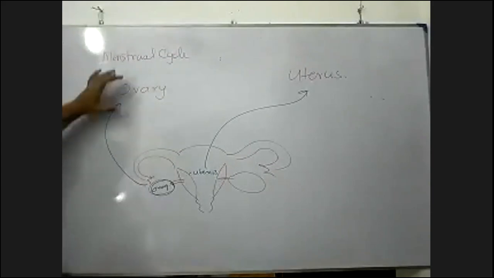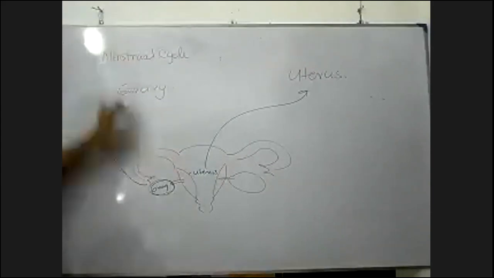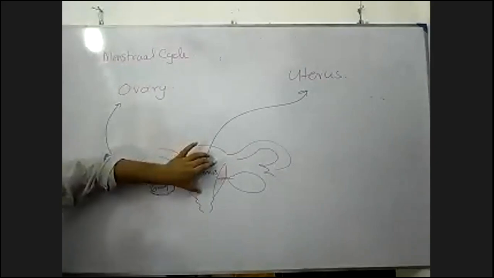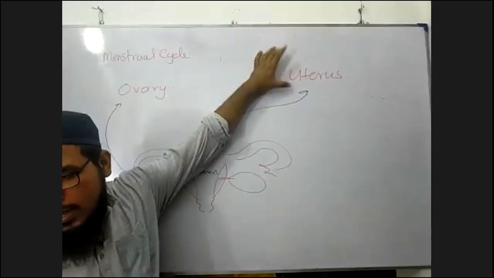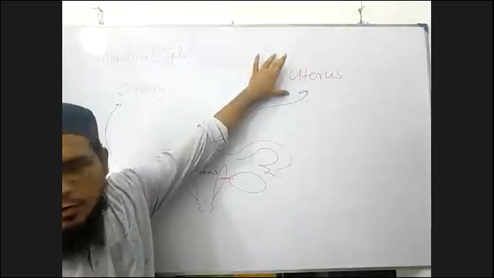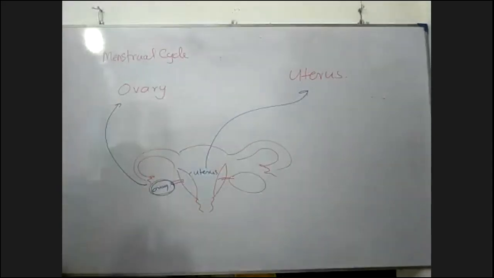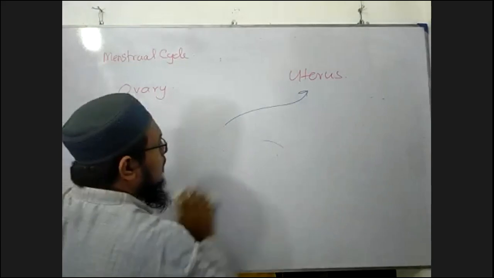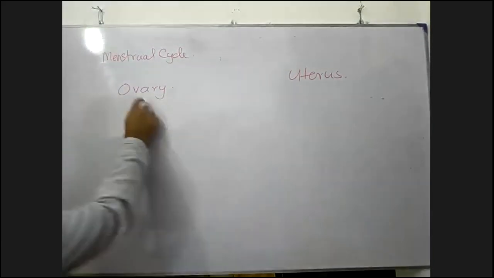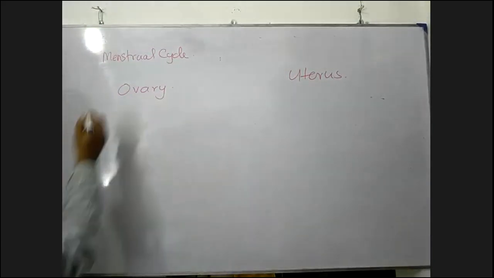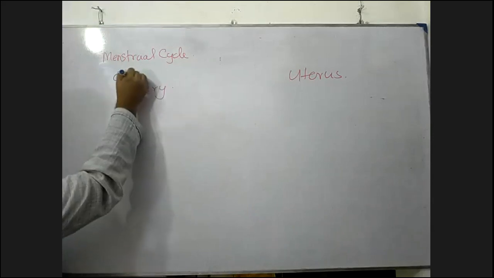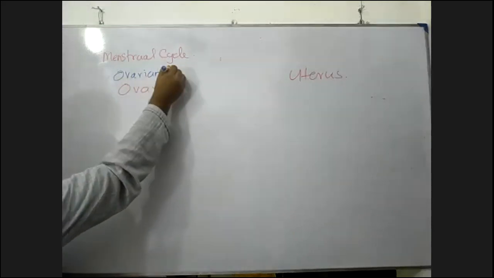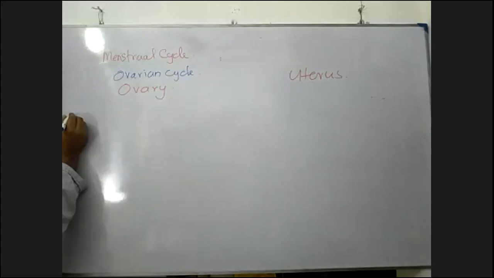Whatever is happening in the ovary is known as the ovarian cycle. Whatever is happening in the uterus is known as the uterine cycle. I hope you all are okay with that. Now we'll discuss the ovarian cycle. When you look at the ovarian cycle happening in the ovary, it has two parts.